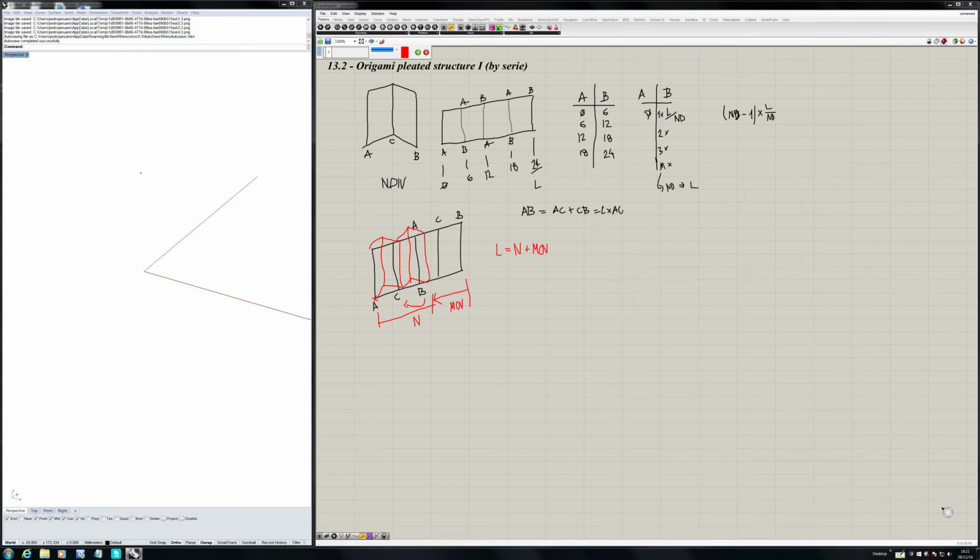Now I'm going to have a variable called move percentage, and when my percentage is 0, I'm here. So it will go between 0 and 1.